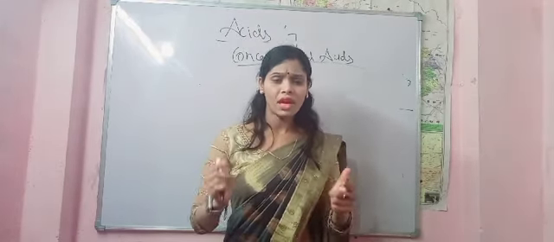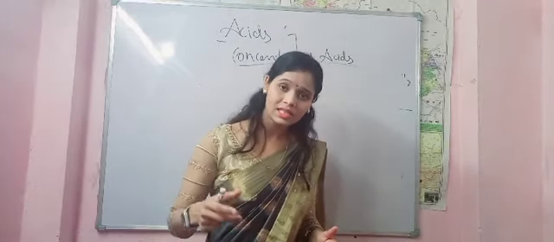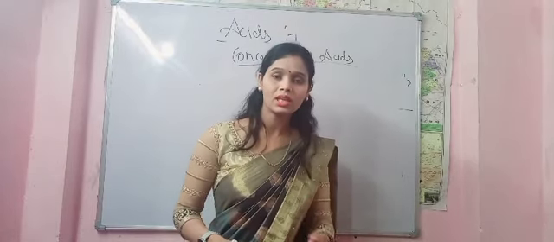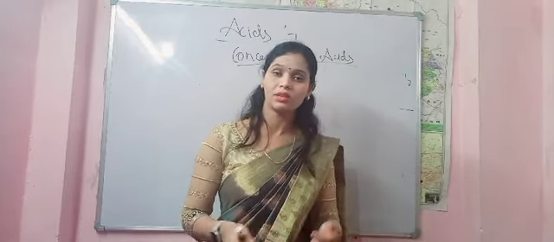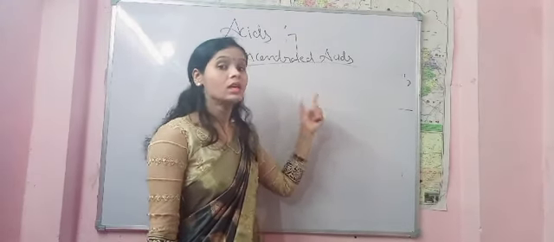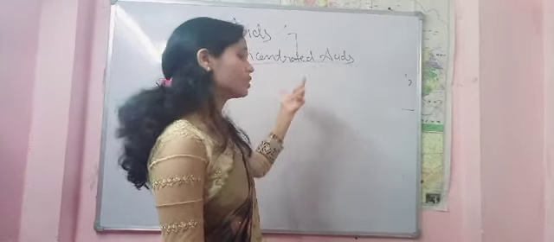If we have a solution and in that solution the presence of acid is more, the concentration of acid is more than the water, then such solutions are called concentrated acids.